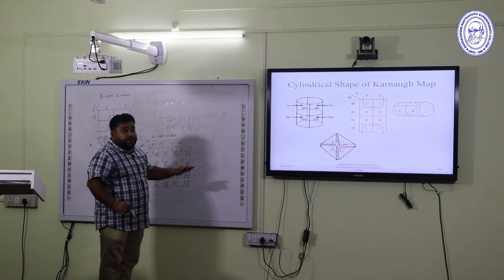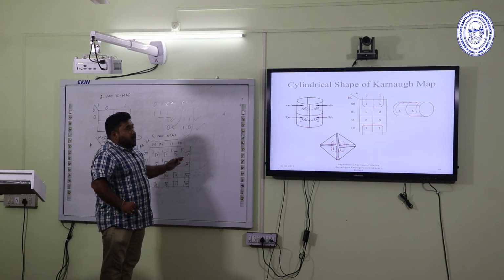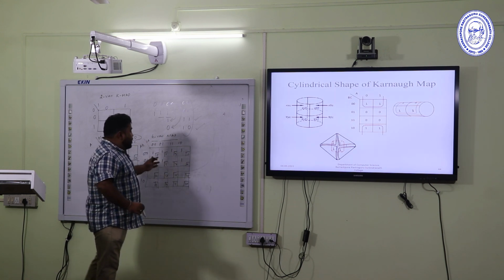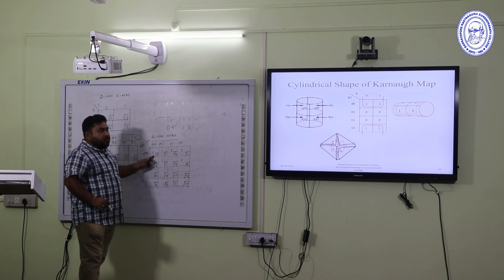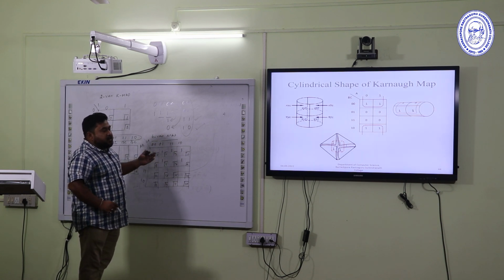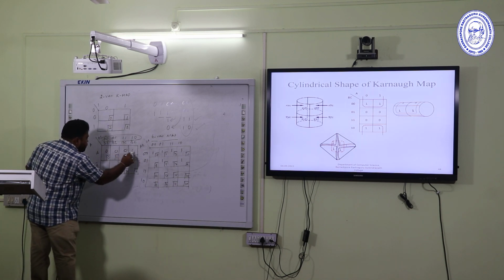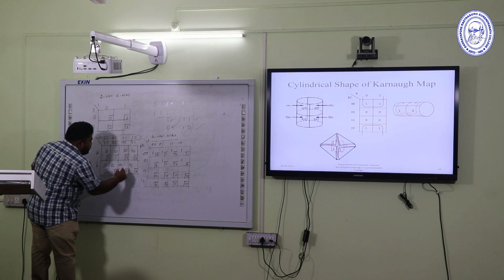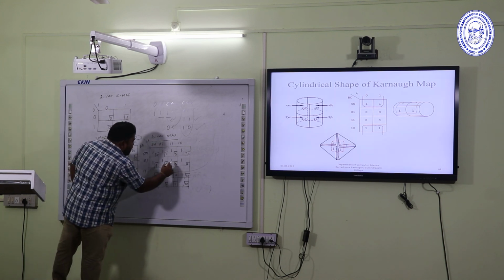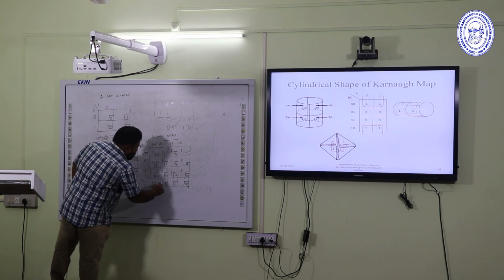But in case of SOP representation, we can write the min terms as 1, and in case of POS representation we can write the 0. And it is the SOP representation.